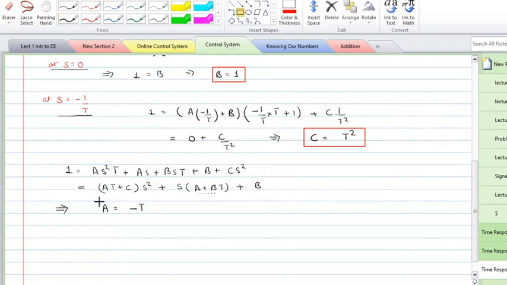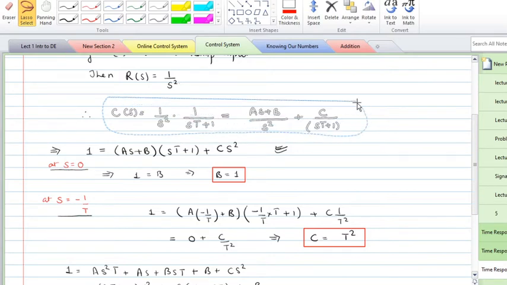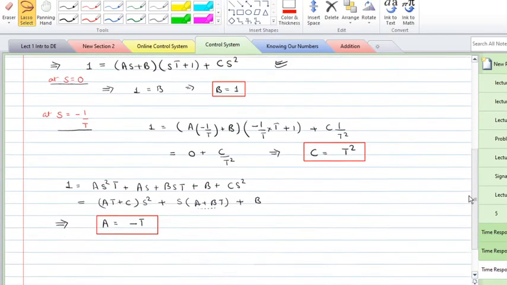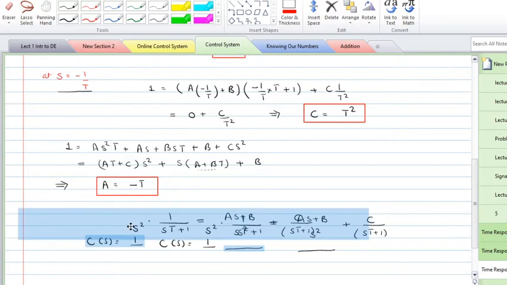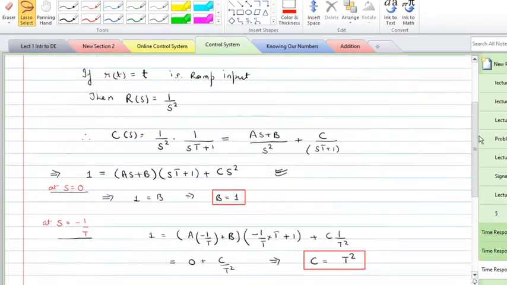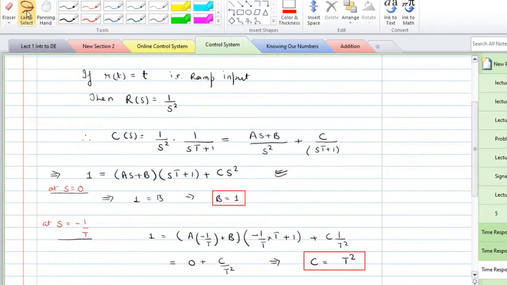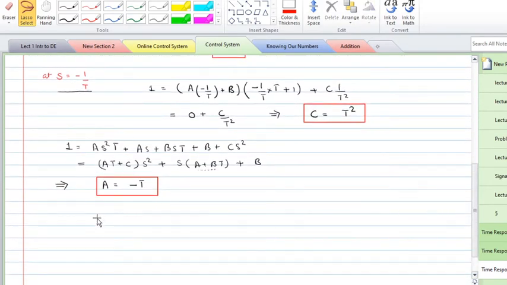Okay, so we can say that we can write this expression.